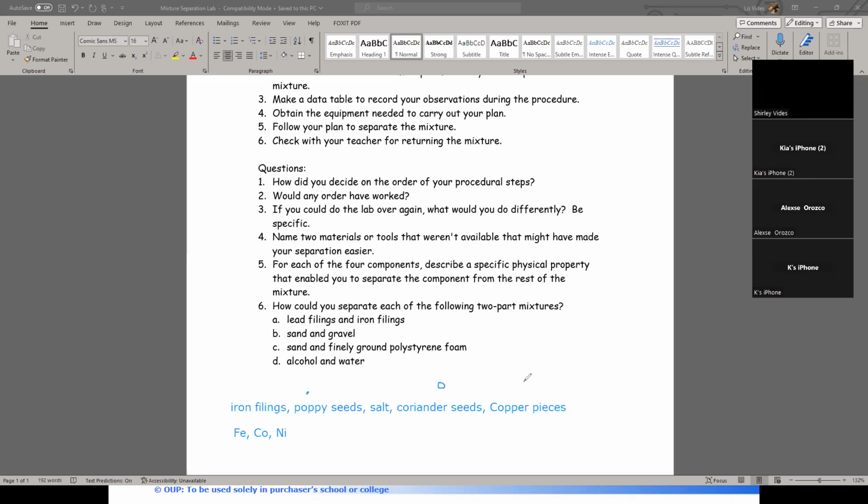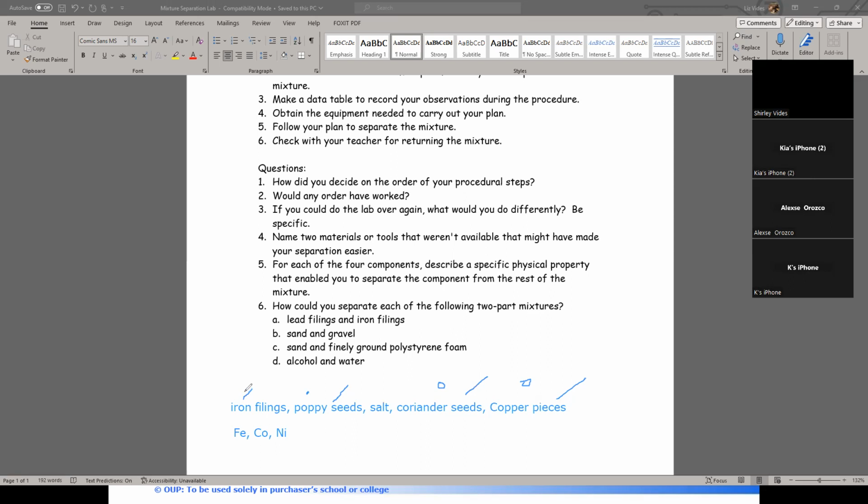And copper pieces were just little chunks of copper that we've cut up. So you notice how they're increasing in size. Now, are poppy seeds soluble? The answer is no. Coriander seeds? No. Copper? No. Iron? No. So none of these are soluble. We first have to separate all of these out before we can even deal with the salt.